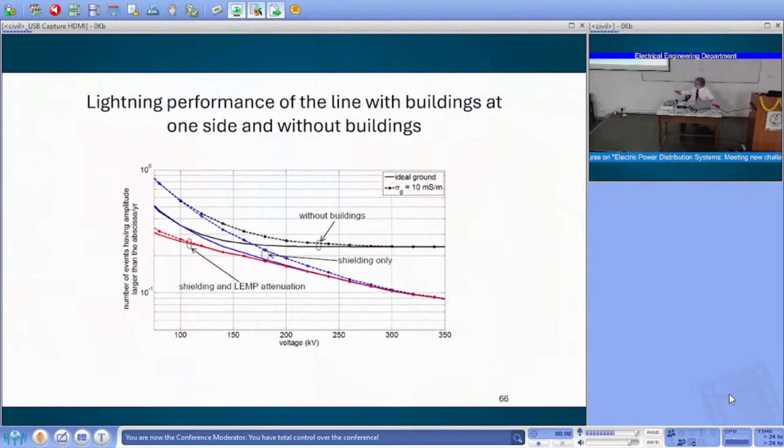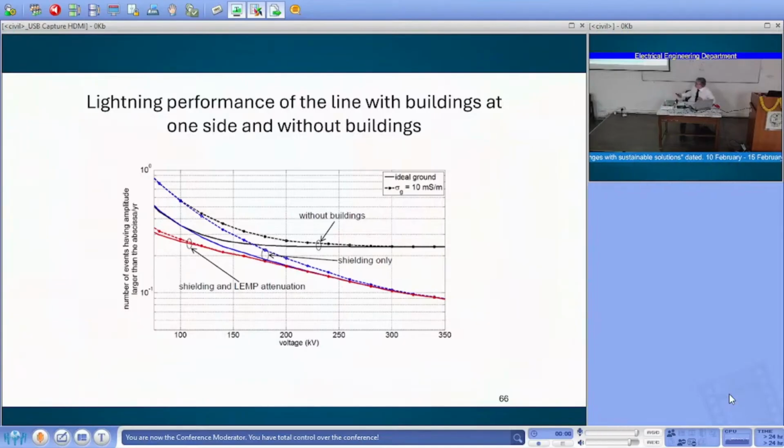So you see the usual graph with the voltage here, the insulation level, the number of events that are exceeding the abscissa, and you see here without buildings, so these black lines that take into account also direct events, these blue lines with the shielding only, and this red with the shielding also of the lightning electromagnetic impulse.